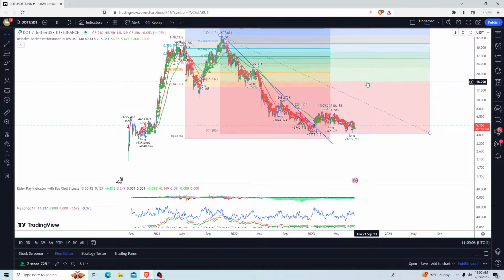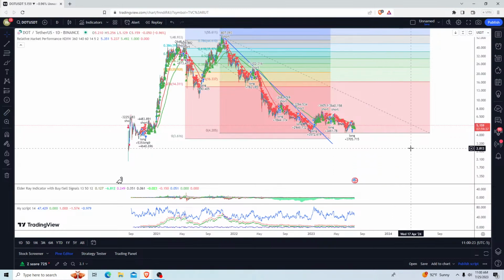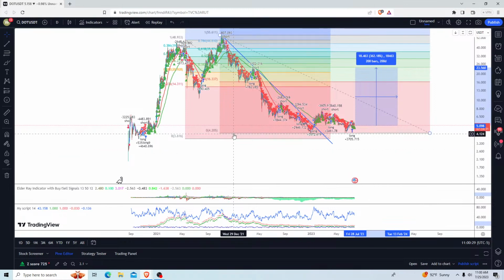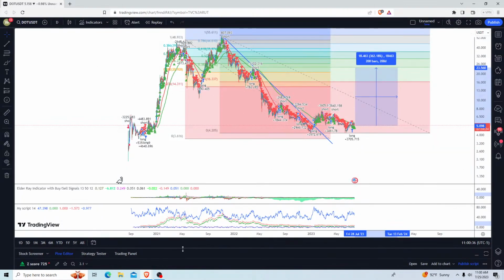That's your reward. $16 to $24, and your risk is not even 20%. 20% compared to 360%. Very good risk to reward. But anyways, let me get back to my trading strategies.